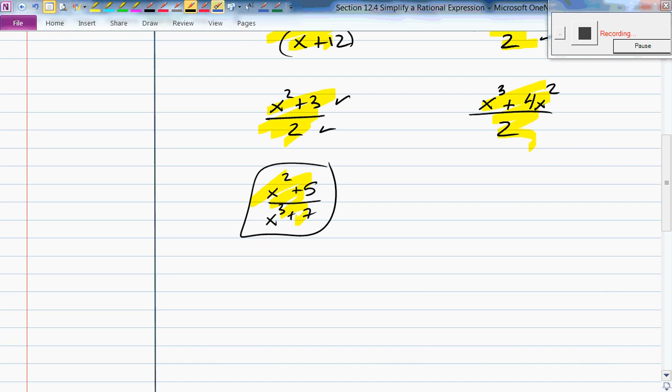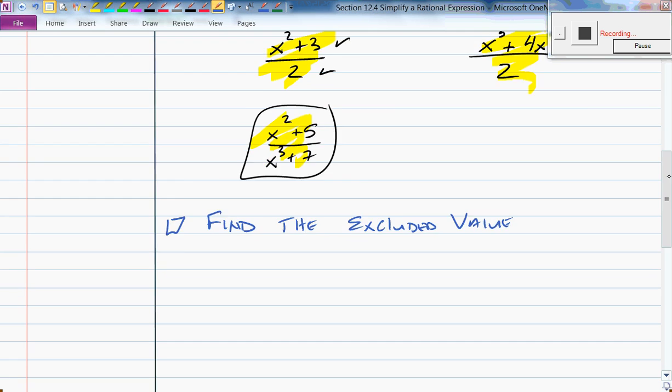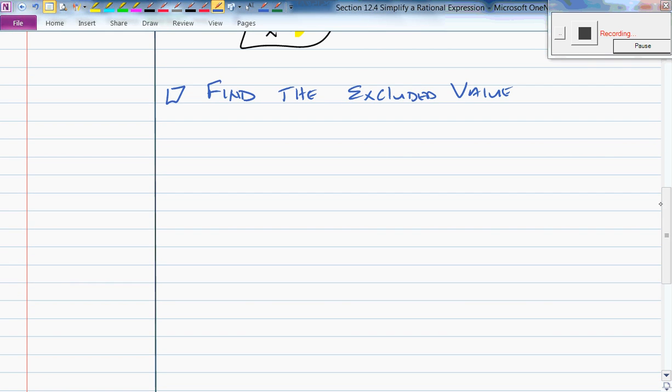All right, now here's what I want to do. We're going to find the exclusion. I'm going to give you a rational expression, and I want you to find the excluded value. Here's the first one. A. It's x plus 8 all over 10x.